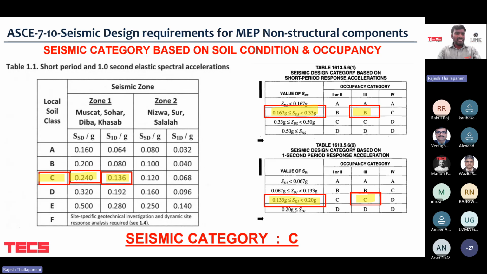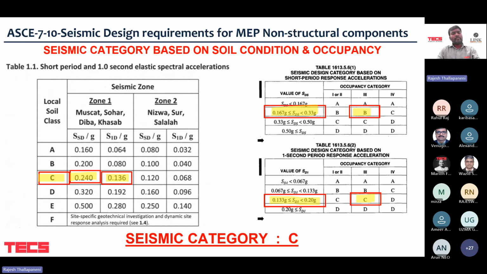There are a total of four categories in seismic, starting from A till D. If a building falls under A or B, A is the safest, and the more you go down till D, D is a little critical, where we need to put a lot of restraints and seismic design needs to be carried out.